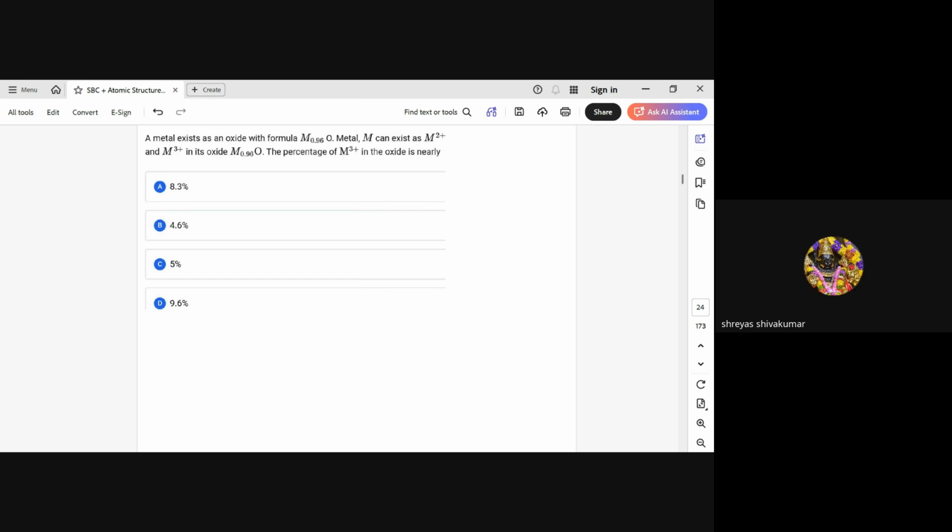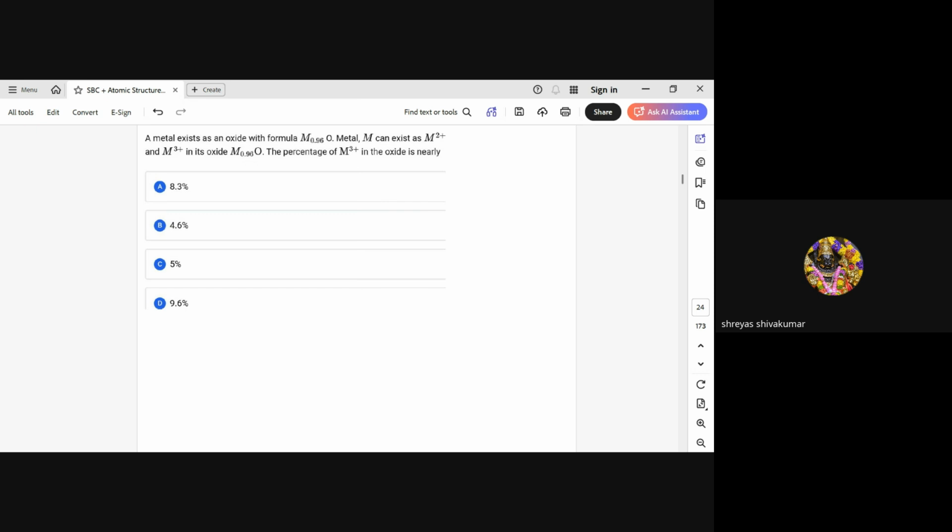Sure, sir. It said that the metal can exist as M2+ and M3+ also. So we take the number of M2+ as x, and the M3+ will be 0.96 minus x, because it exists as M0.96 oxygen.